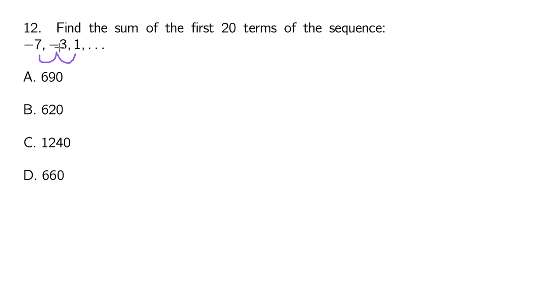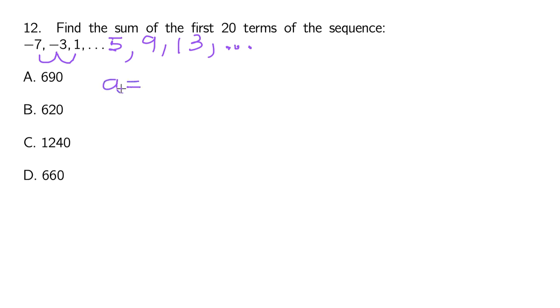If we add 4 to -7, we get -3. If we add 4 to -3, we get 1. If we continue, we add 4 to get 5, add 4 again to get 9, add 4 again, and it goes on and on. So that is our arithmetic progression.